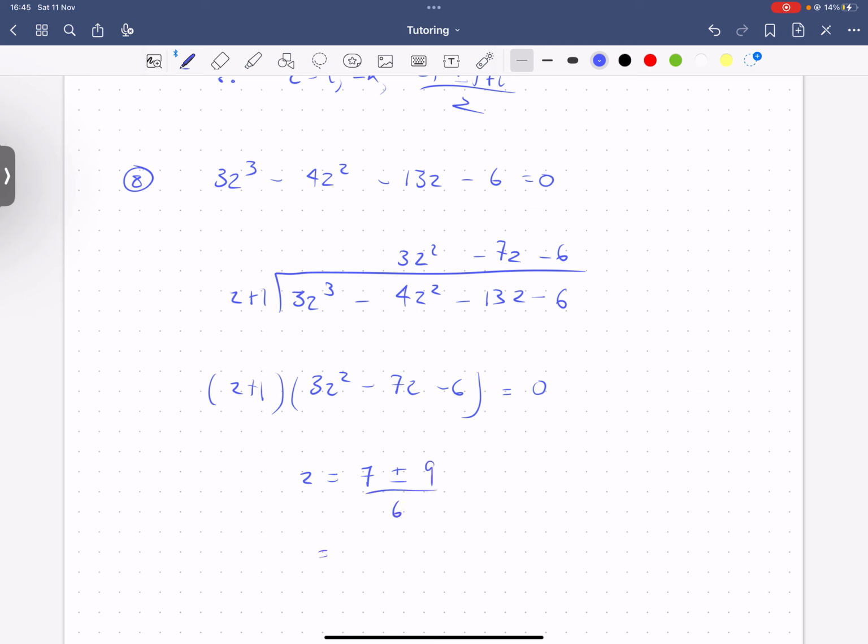So 7 plus 9 on 6 is 8 on 3. Wait, no, it's not. Something's gone wrong. We get 7 plus 9 on 6 is 8 on 3, or minus 1 on 3.